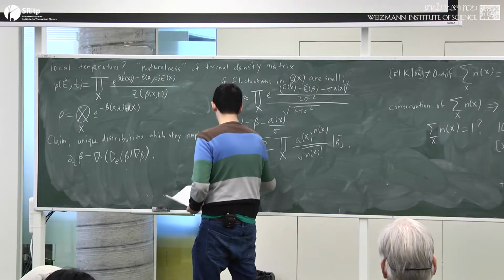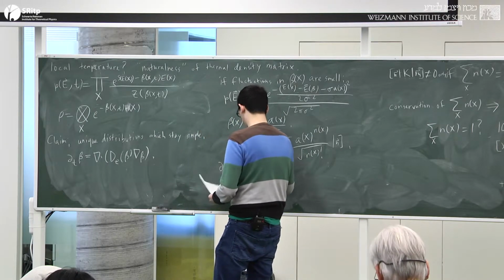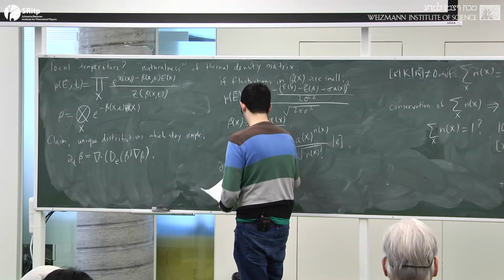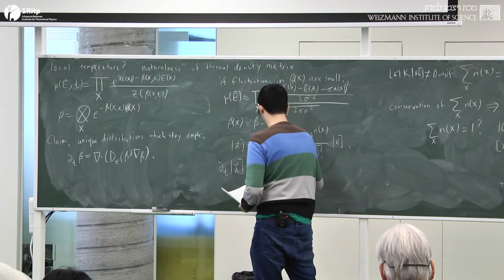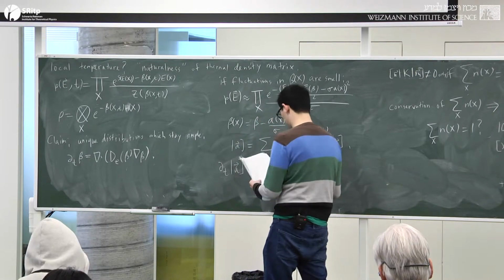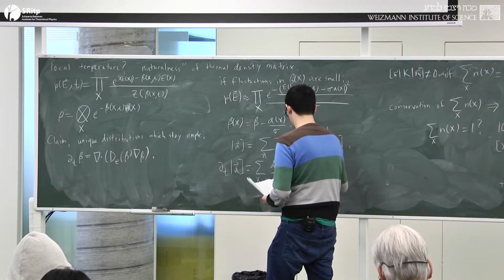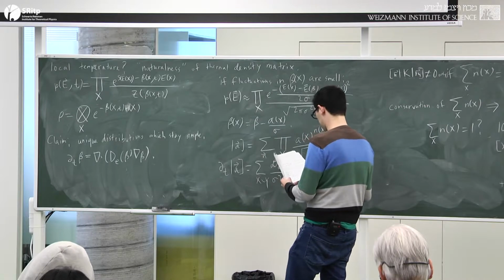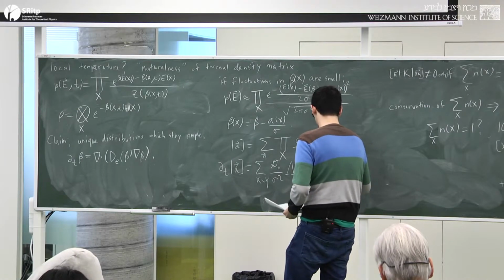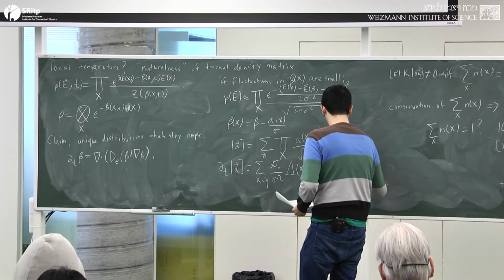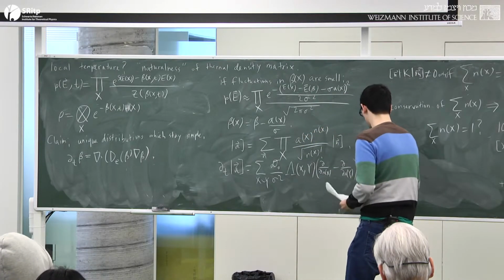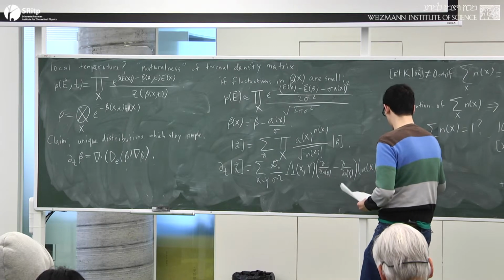In particular, the time derivative of A is given by the sum over x adjacent to y of d naught over sigma squared lambda xy, times d/dA of x minus d/dA of y, times a of x minus a of y.